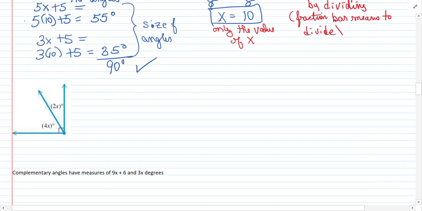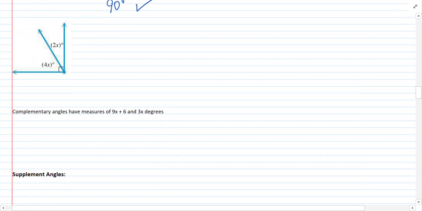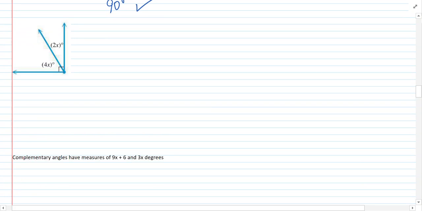Good. Let's do one more. And you're saying, oh, this is easy. I'm going to make 100. And you sure are. Yes, you are. So here we go. Here the angles are in a different position, but the first thing we notice is it is a right triangle.